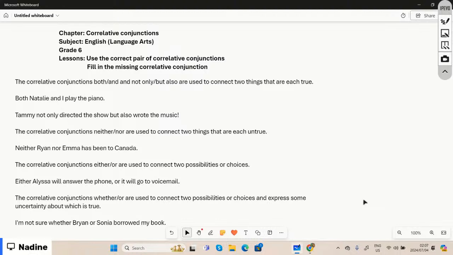All right. So we said in our previous lesson that we had subordinating conjunctions. Subordinating conjunctions are words and phrases that link a dependent clause to an independent clause.